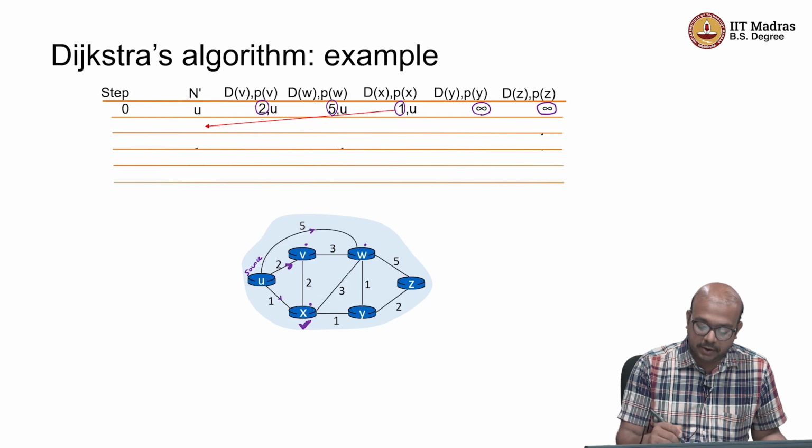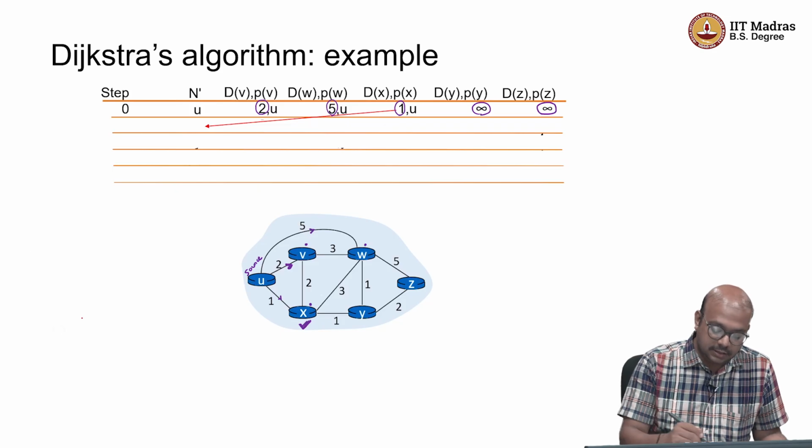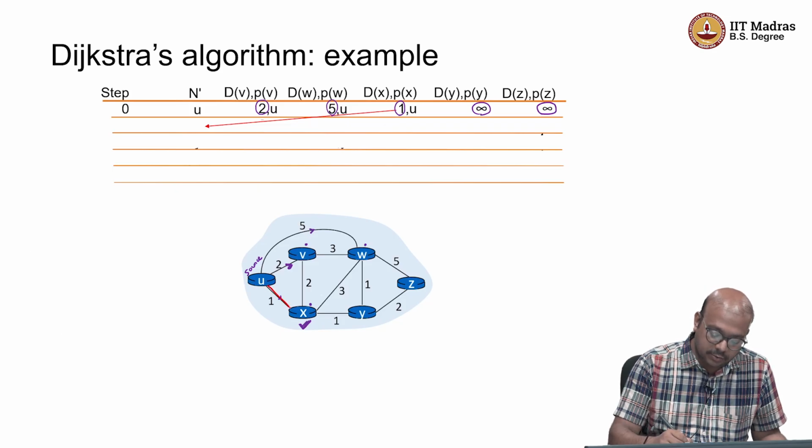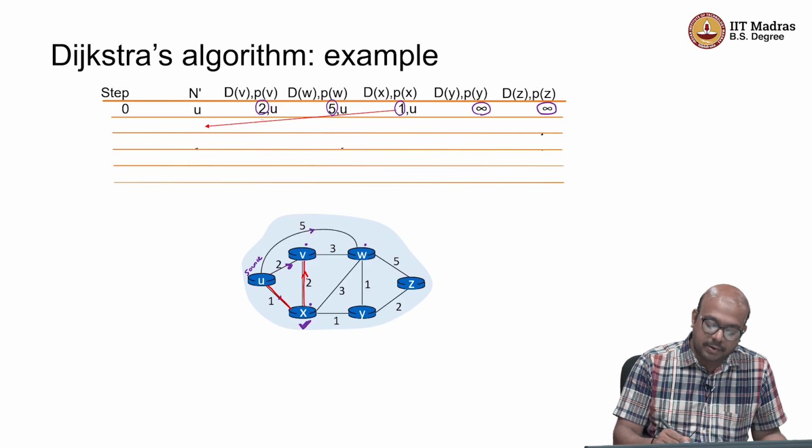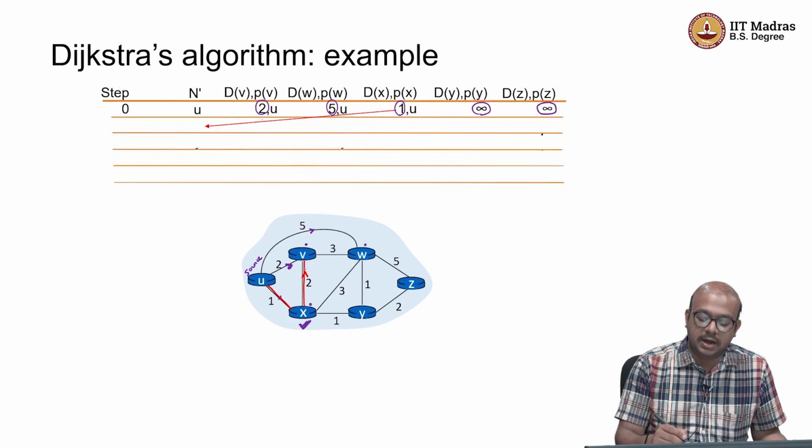If you go via x, the cost is going to be 3. Let me draw the path: you take this path through x, that is known to be optimal, and then c of x comma v is 2. So 1 plus 2 is 3, and my current guess is 2. So, I am going to stick to my current guess.